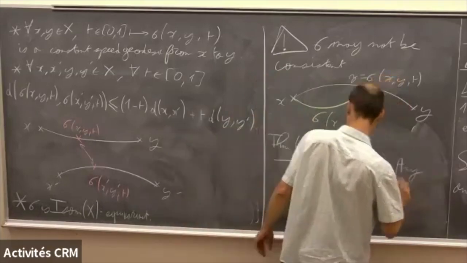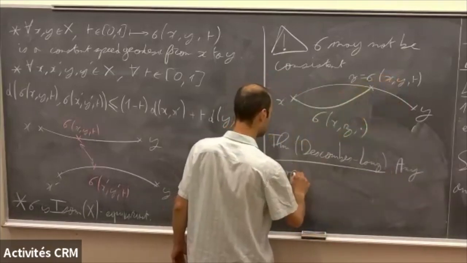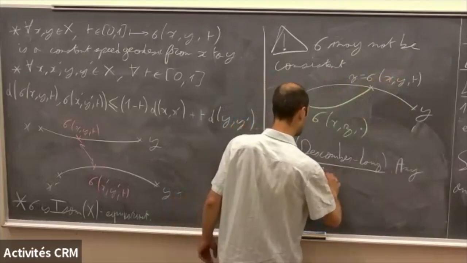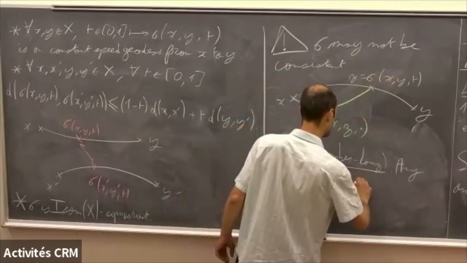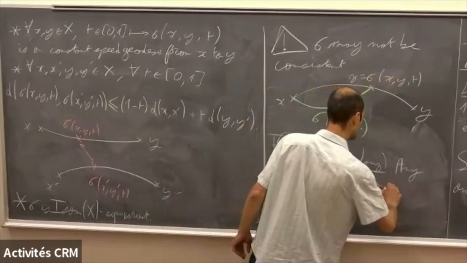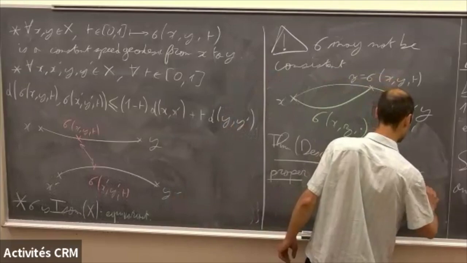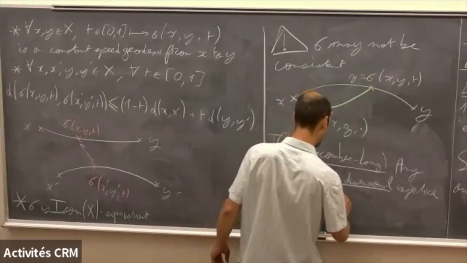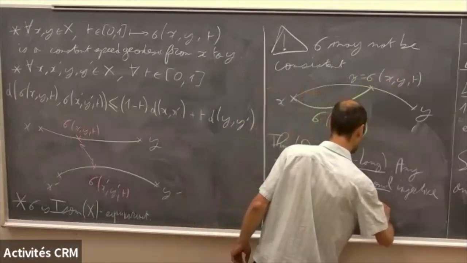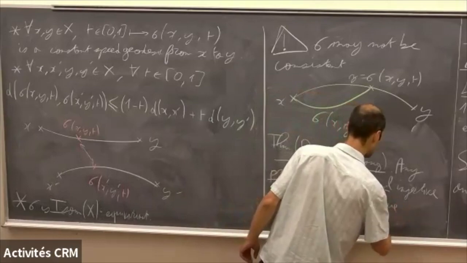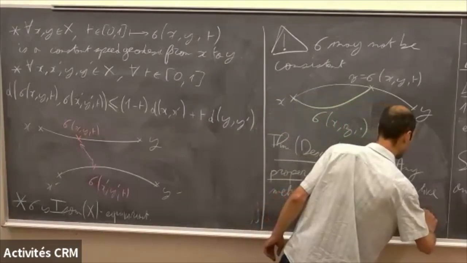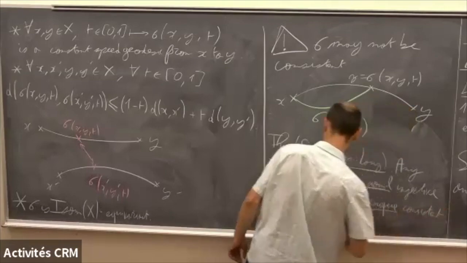Any proper, finite dimensional injective metric space has a unique consistent bicombing.